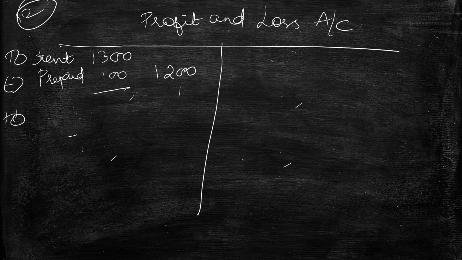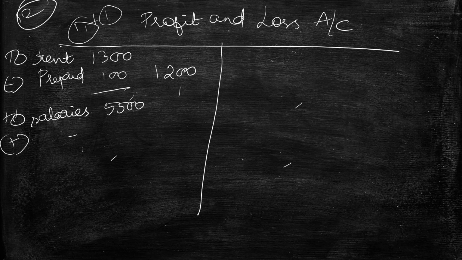Next one, I am going to enter salaries. Salary, we have 5,500 rupees. We have outstanding, which means 1 month salary we didn't pay, which belongs to the accounting year. We have paid only 11 months, but we have to add 1 month which we didn't pay, because whether you have paid or not, you have to enter 12 months expenses and incomes in the P&L account.